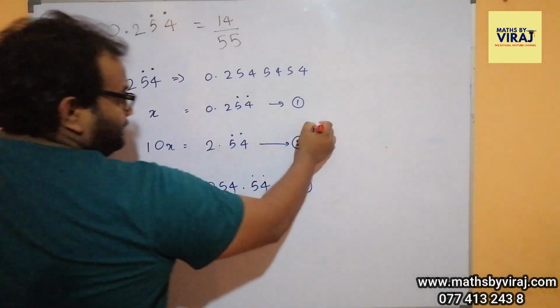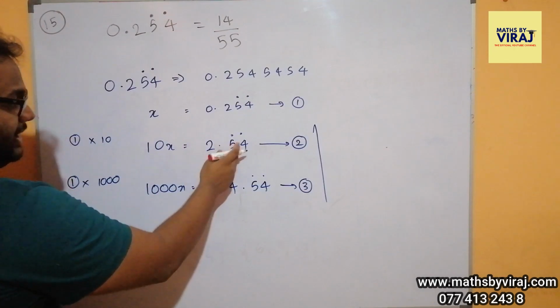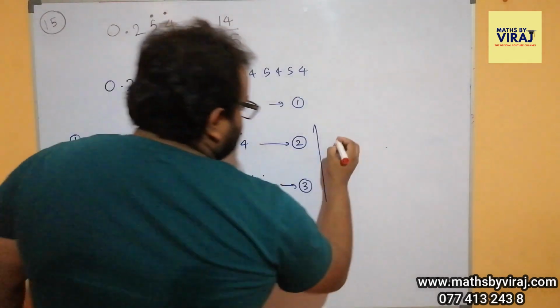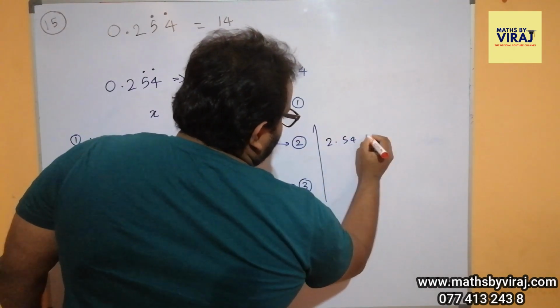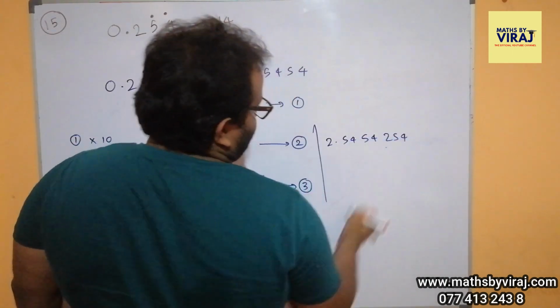Now children, this 2.54 recurring can be written as 2.545454.